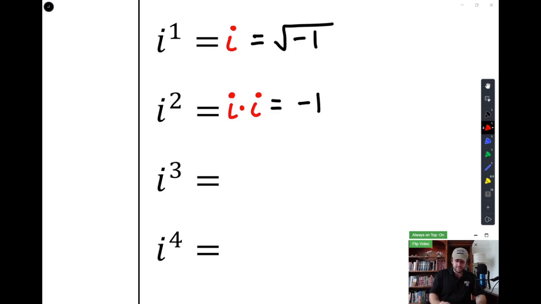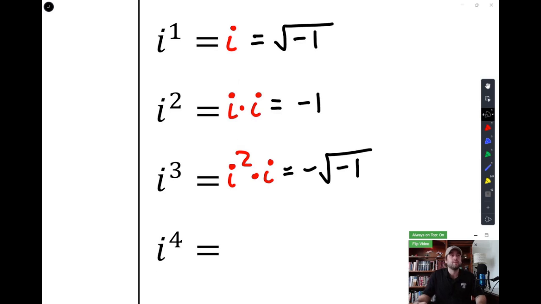Now, i to the third power is where this starts getting interesting. We're going to call this i squared times i, and we just defined i squared as -1, and so we get -1 rooted. And the fourth power is where it gets cool. You can break up i to the fourth power into i squared times i squared, because you would add those exponents and turn back into 4 if you wanted to recombine it.